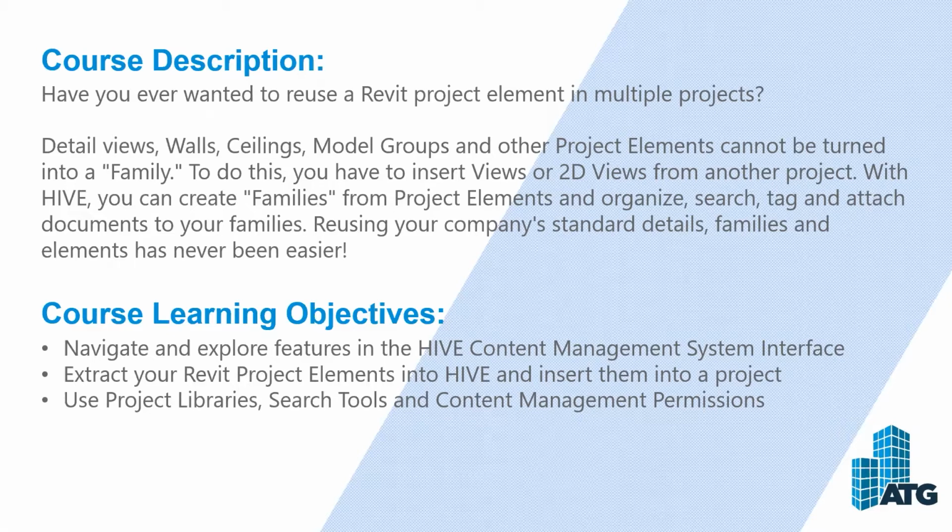And so in order to transfer these elements from project to project, the process is typically to insert those views or 2D views, or even the materials themselves, the elements, as an insertion or a copy paste. It gets into being a very difficult process to make these things happen, and a lot of times the transition is not as smooth as it needs to be.